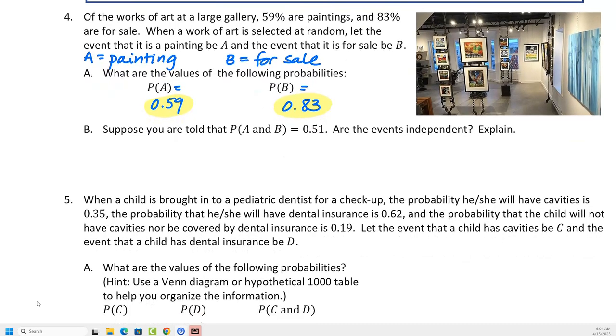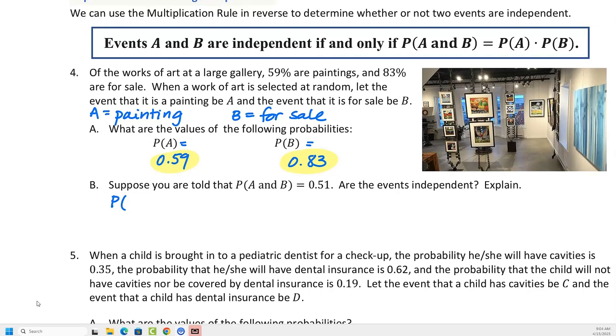So we know from up above that the probability of A and B is equal to the probability of A times the probability of B. Okay, and we could fill in the probability of A and the probability of B here. Notice I put the question mark above that to say, are they equal?